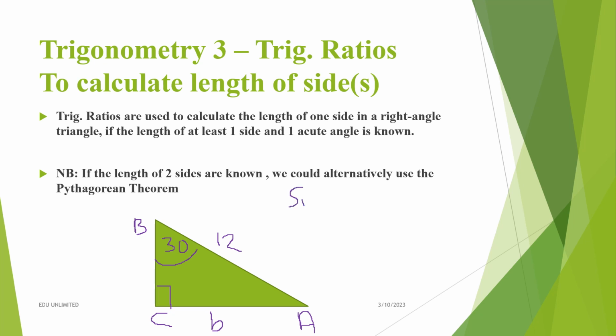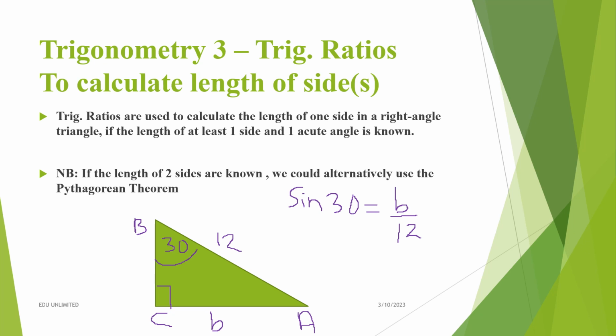Just an example, that sine 30 degrees is equal to the opposite over the hypotenuse, and the opposite side is called side B, and the hypotenuse length is 12 centimeters. We could calculate using this formula.